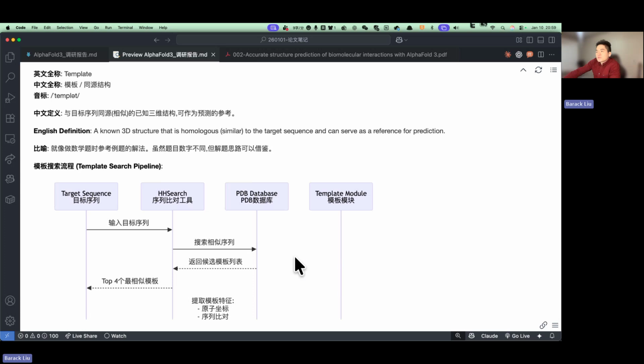Target sequence, HHsearch, PDB database, template module.